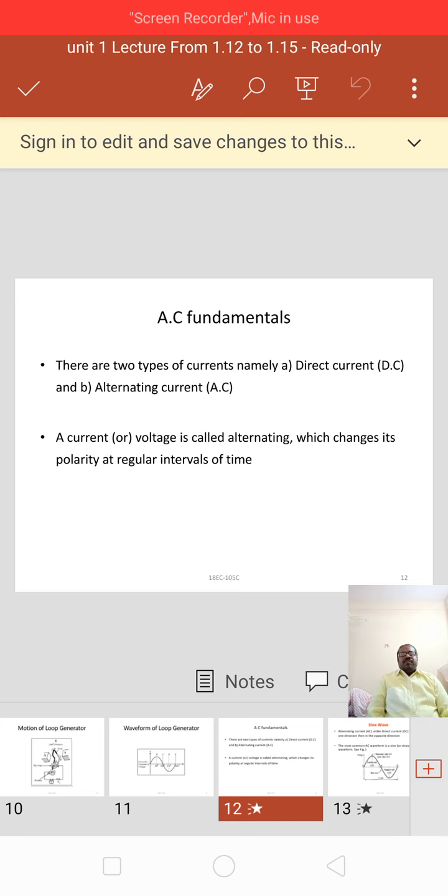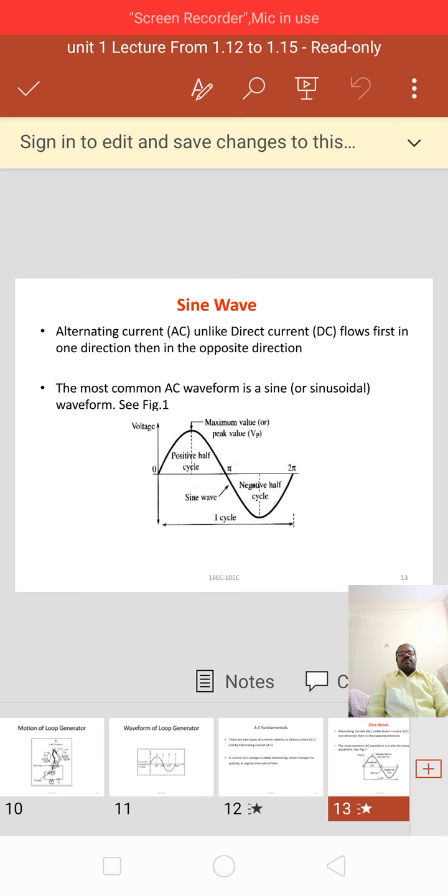Okay, if a current or voltage does not change its polarity at regular intervals of time, it is known as direct current. If it changes its polarity at regular intervals of time, it is nothing but alternating current. Now we will learn about the concept of the sine wave. Okay, in the previous slide we learned about alternating current.